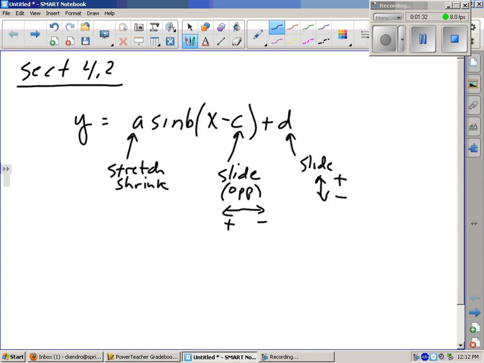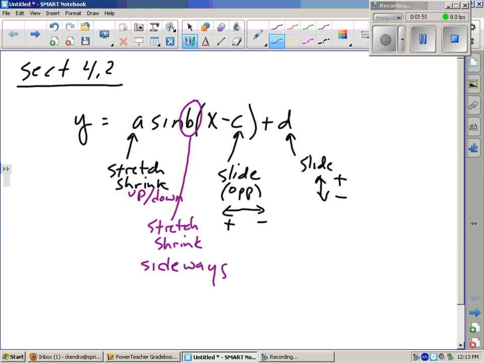Now B is going to stretch or shrink sideways. Oops, don't know how to spell sideways. This one is up or down. All right, actually I shouldn't write up or down. Let me back up to this.